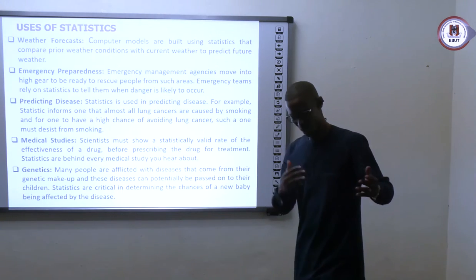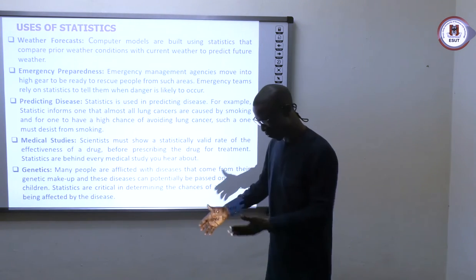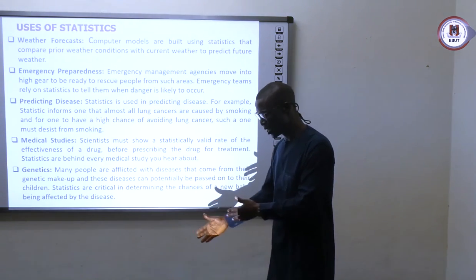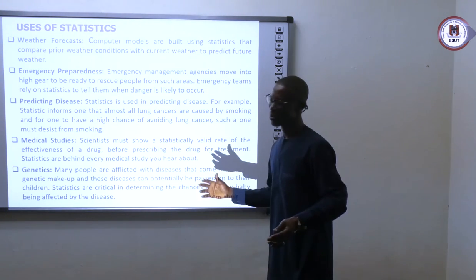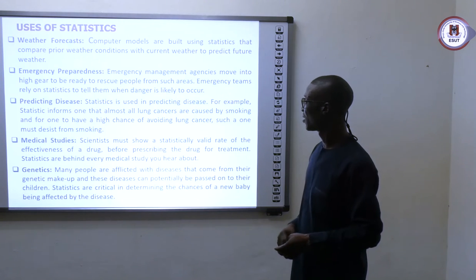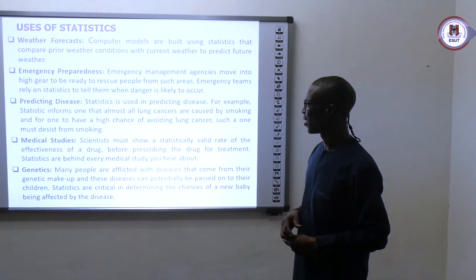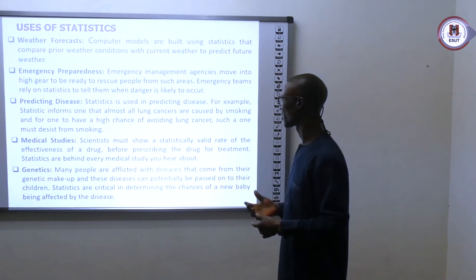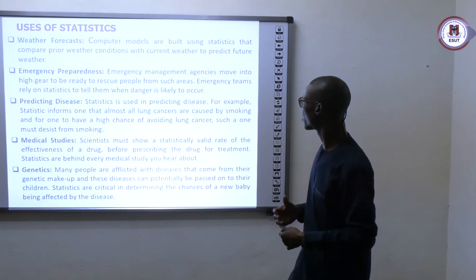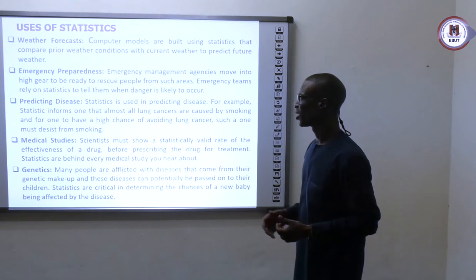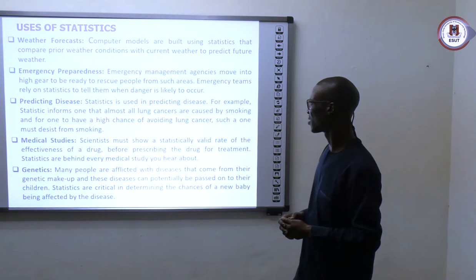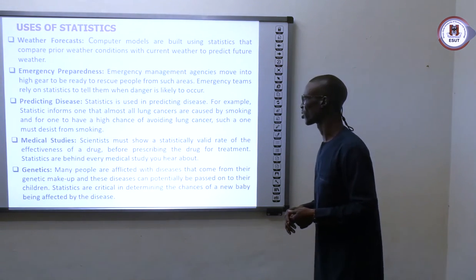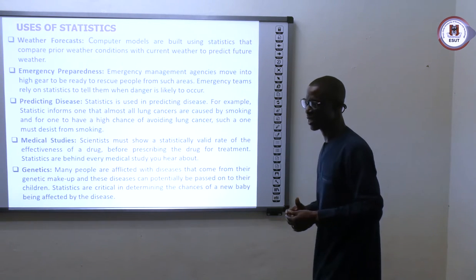We could use the trending of events to predict the future of such events. Those are always processed using statistics. Emergency preparedness. Emergency management agencies also move into high gear by using statistics to process their information. They always rely on statistics.